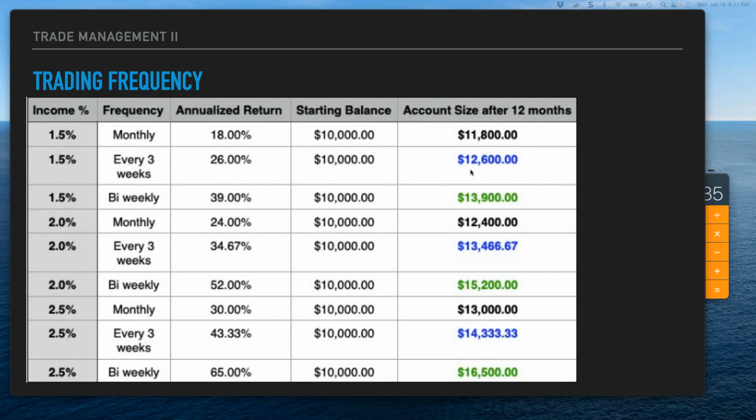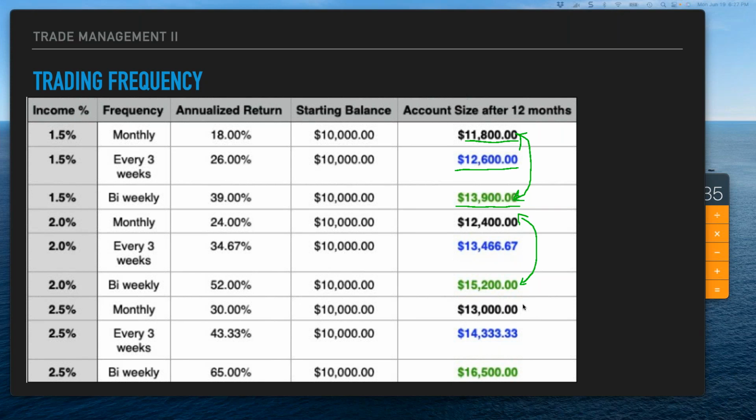Look at this with 1.5% every 3 weeks and 1.5% every 2 weeks versus once a month. You see a difference simply by placing trades every 2 weeks. You see a difference here at 1.5% of almost $2,000. At 2%, the difference is almost $3,000 in account growth.